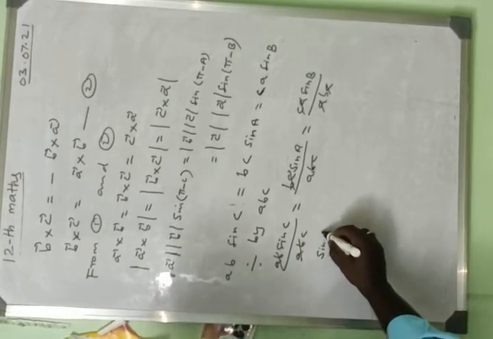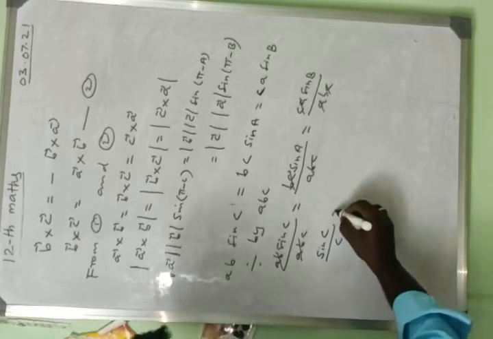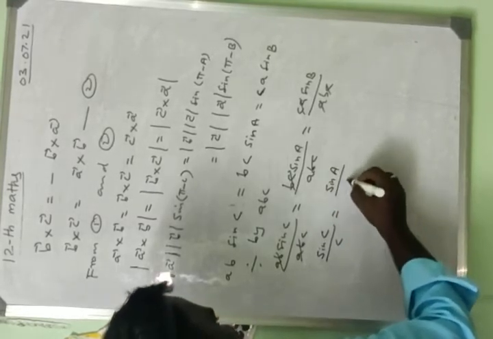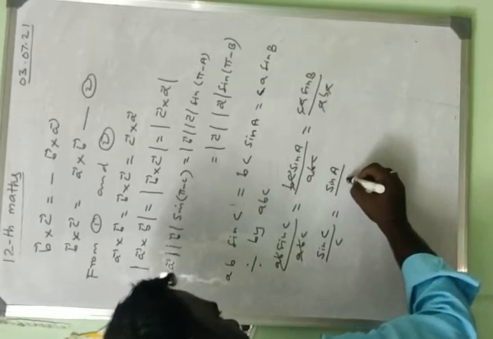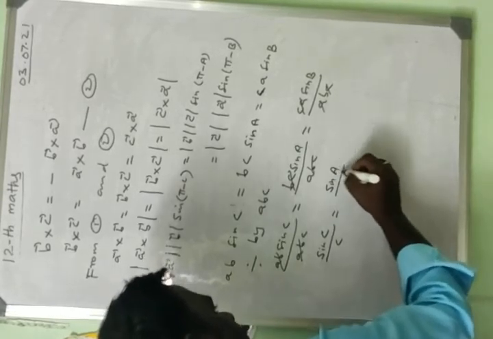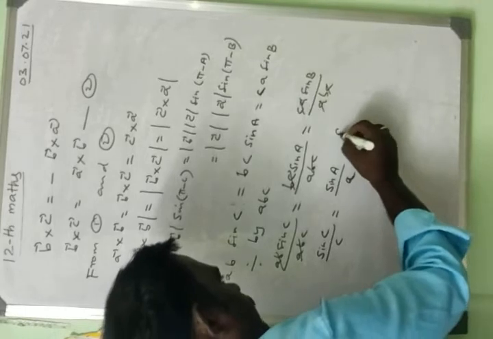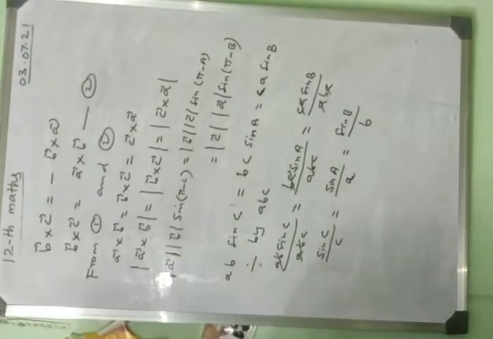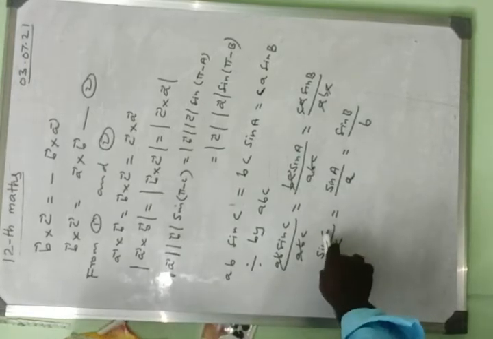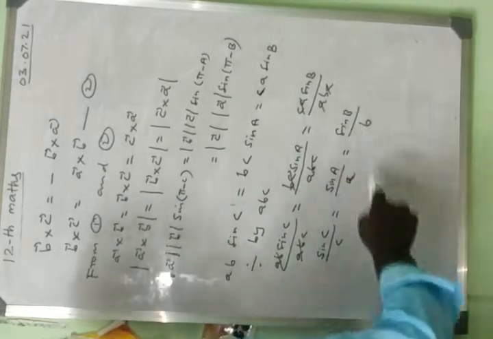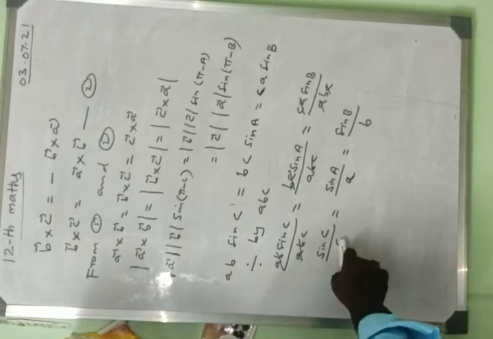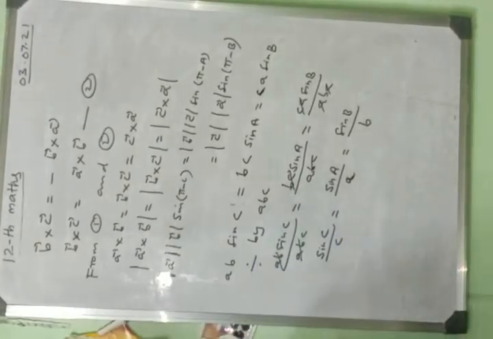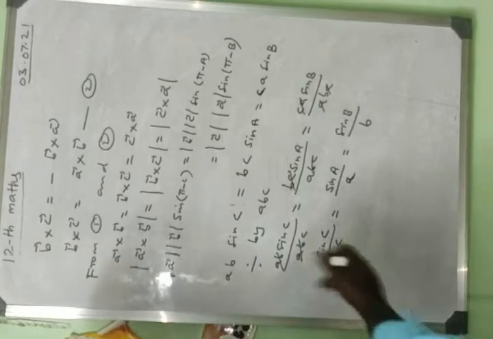Sin C divided by C equals sin A divided by A, equals sin B divided by B. Here the capital letters A, B, C are angles, and the small letters a, b, c are sides. Okay. Next we take the reciprocal.